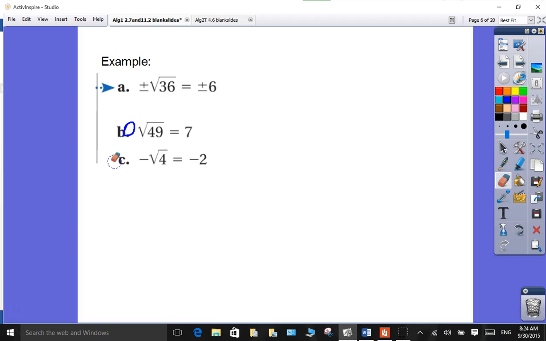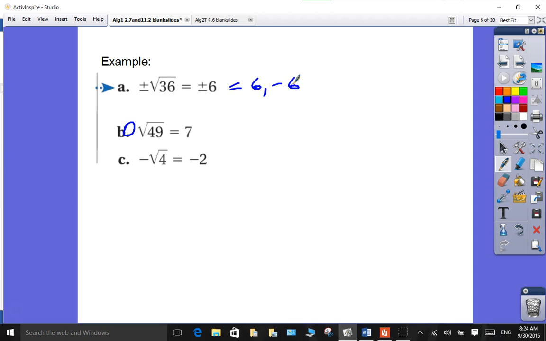And then a symbol that you may not have seen yet, letter A, is plus or minus. If they use the plus or minus, that's like saying 6 and negative 6. 2 answers. And you say plus or minus 6. Just means 2 answers.